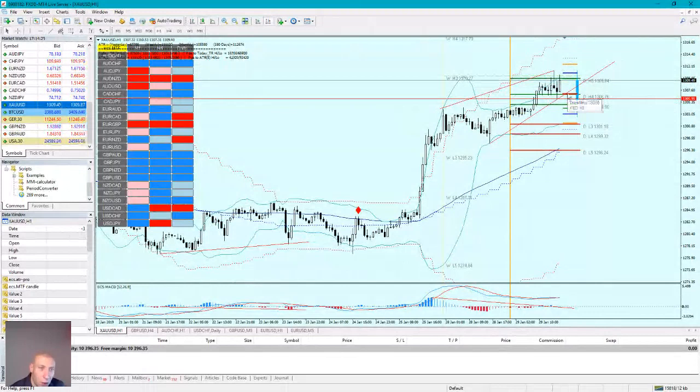If the price closes below the level, this is a confirmed sell. The target is 1301 to 1299. Eventually, if the price proceeds with bigger momentum, the final target can be this, 1296.24.